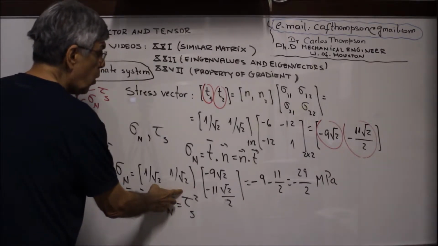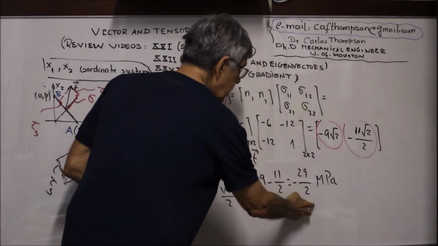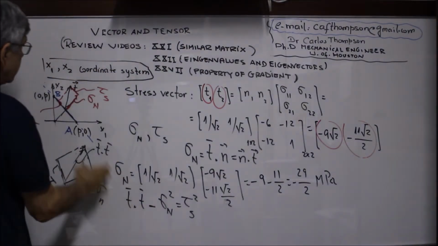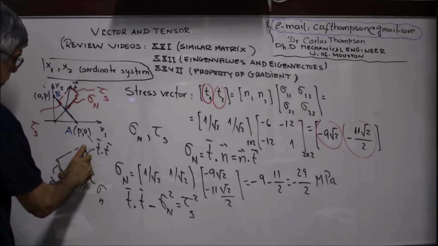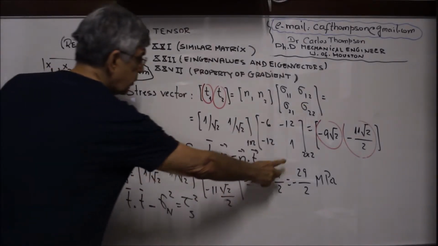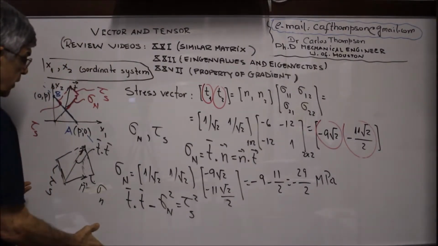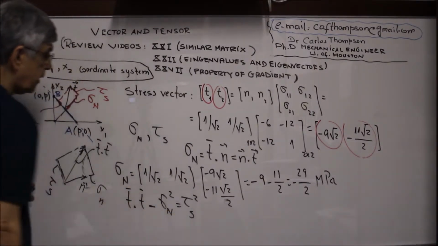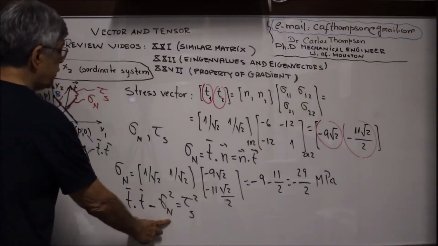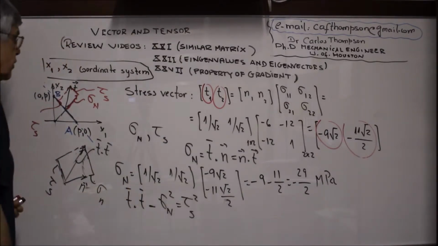Sigma n squared is minus 29 over 2 squared. T dot T is the magnitude of T. So we can obtain the shear stress. You take the square root of this number here, then we have the shear stress.